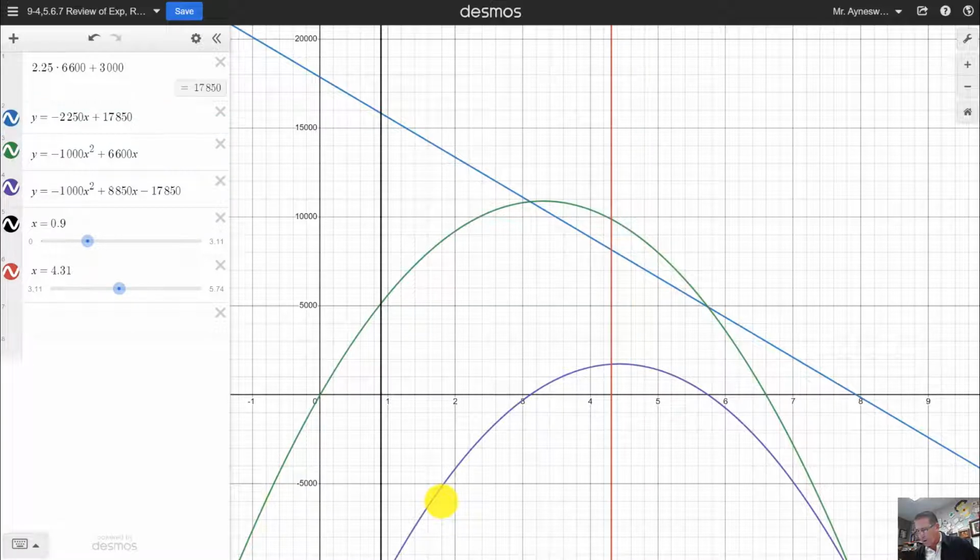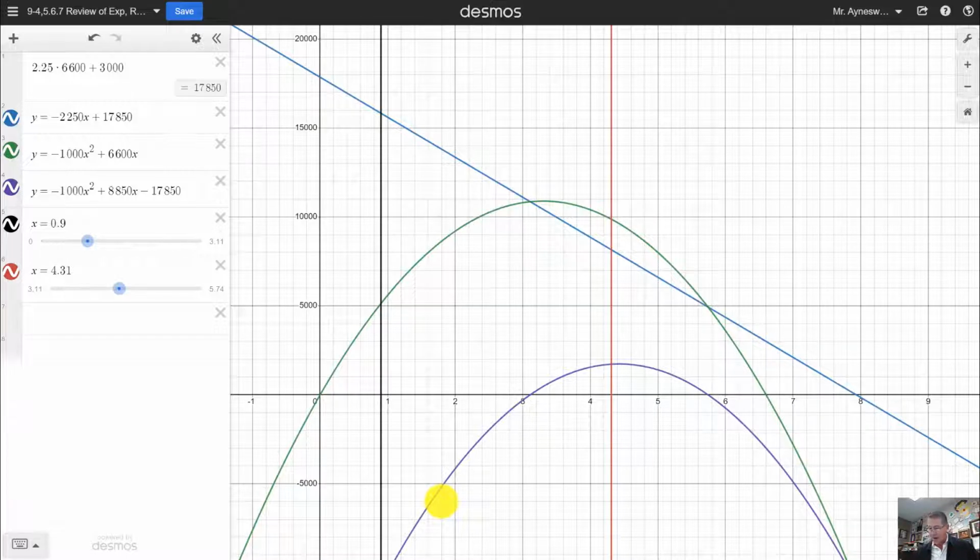If you look at the purple curve, which is your profit curve, the maximum profit occurs at the vertex. So it occurs right around here, somewhere between $4 and $4.50.